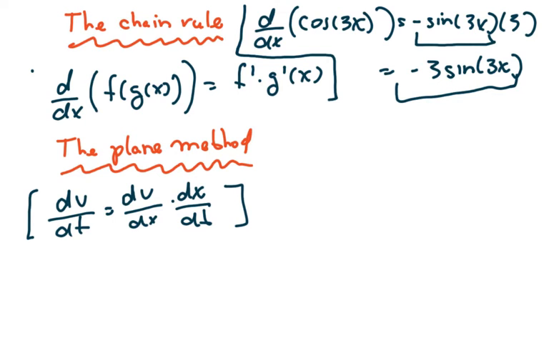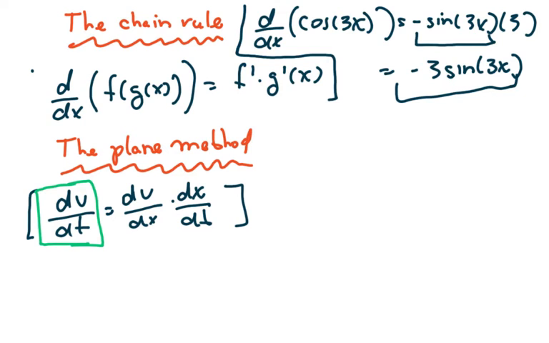So let me introduce this idea. I am going to highlight this in green. Right here we have dv over dt. This is the derivative of v with respect to t.